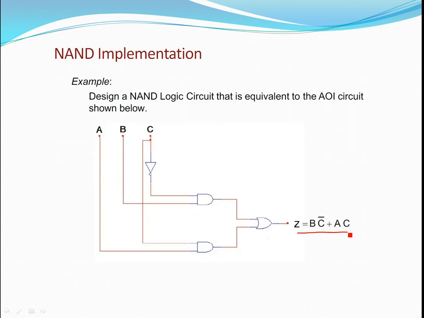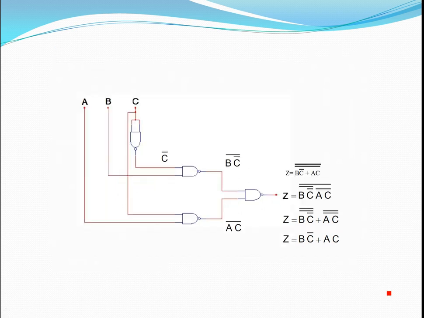Now for this logical expression we have to draw the logic diagram using only NAND gates. In this diagram we use the basic gates, that is AND and OR. Now we'll design the same circuit using only NAND gate. The given expression is z equal to BC bar plus AC.